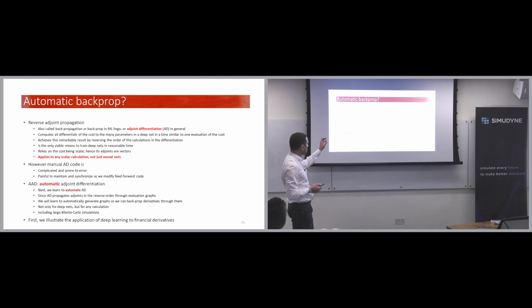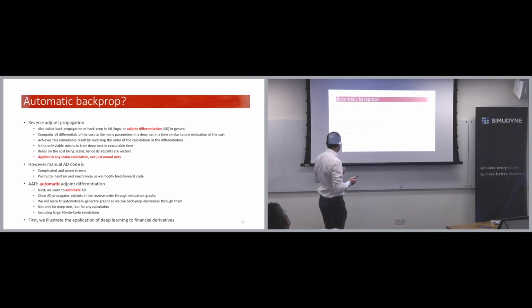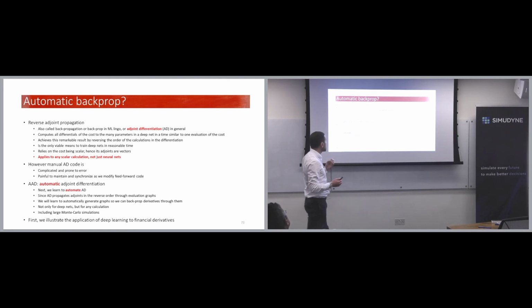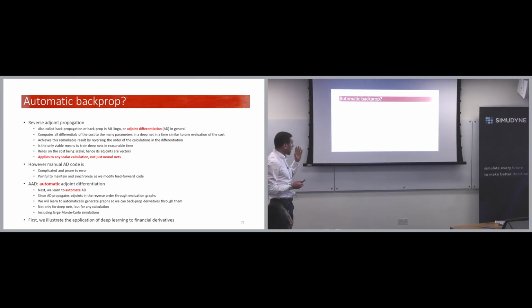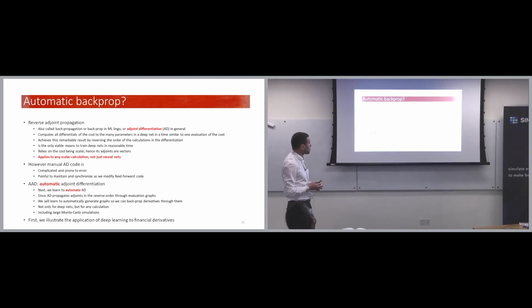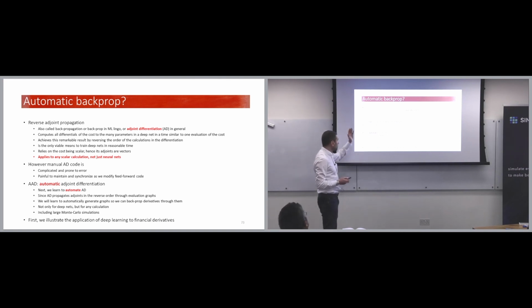It achieves this remarkable result by reversing the order of the calculations in the differentiation. Now, hopefully, we understand why. It is the only viable means to train deep nets in reasonable time, and again, it relies on the cost being scalar, hence its adjoints are vectors. And we will see shortly that it applies to any scalar calculation, not just neural nets.